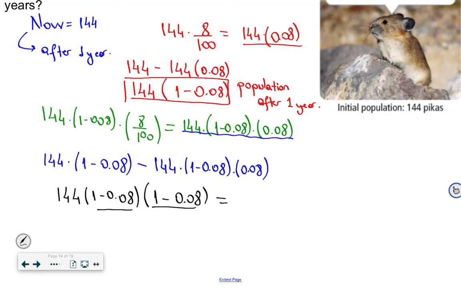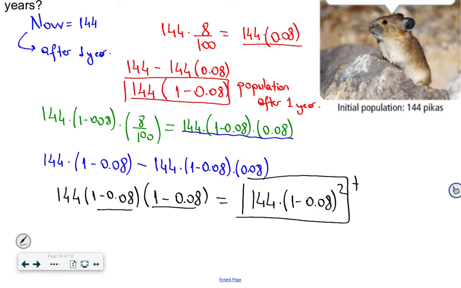That's the reason we can write 144 times 1 minus 0.08 to the power 2 is going to be the total population after the second year.